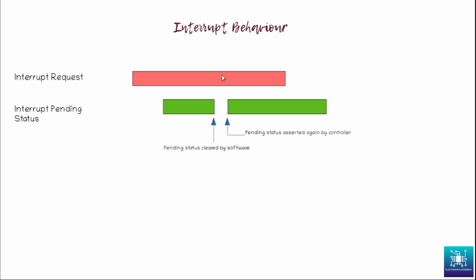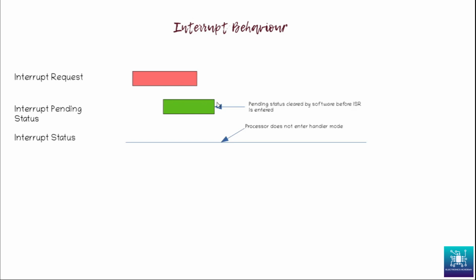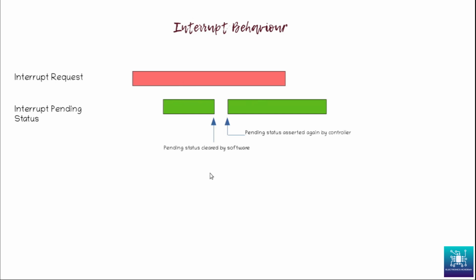Nevertheless, since the interrupt request is still high at that point, the hardware will raise it back again to pending. So as long as it is high, no matter what you do, the pending status is going to keep getting high as long as the interrupt request stays. If the interrupt request goes, then it is going to be like the previous scenario. The interrupt is never going to come. But in this case, it's a different scenario. The duration of the interrupt request is longer.